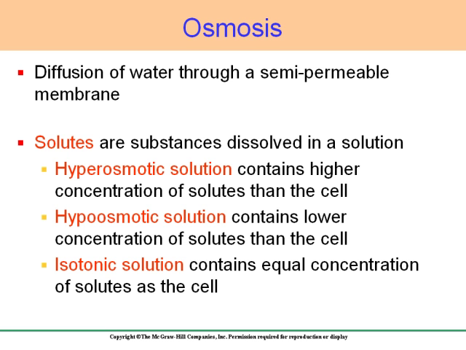The second scenario is a hypoosmotic solution, containing a lower concentration of solutes than the cell. In this case, the solution surrounding the cell is less salty, or has lower solutes, than the cell itself.